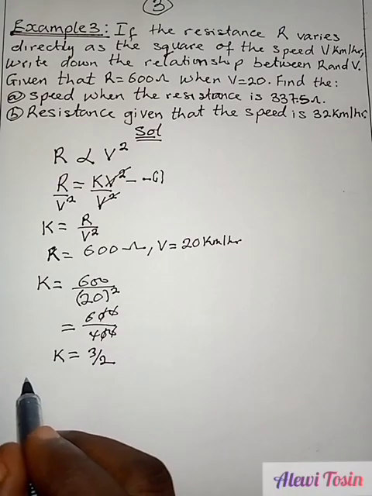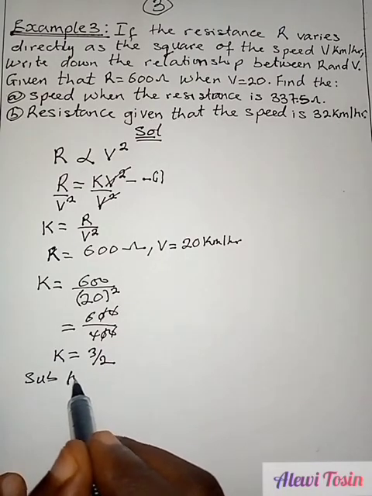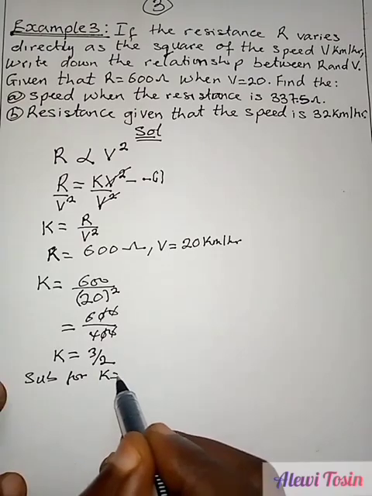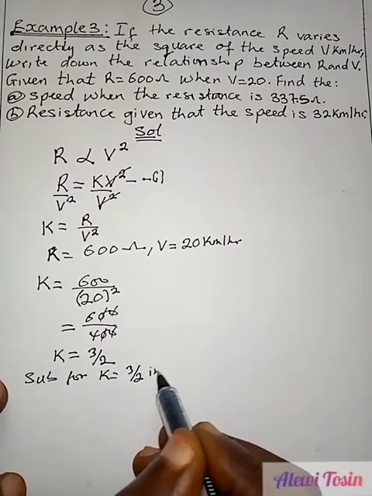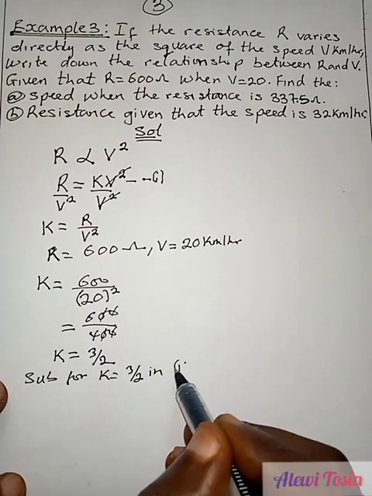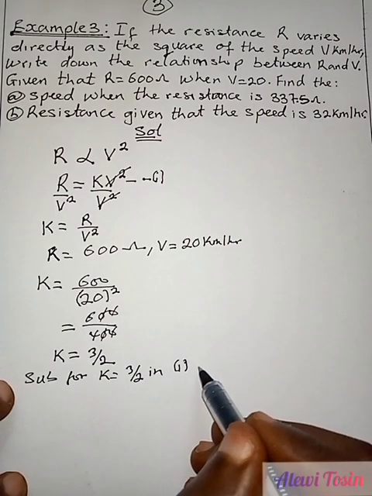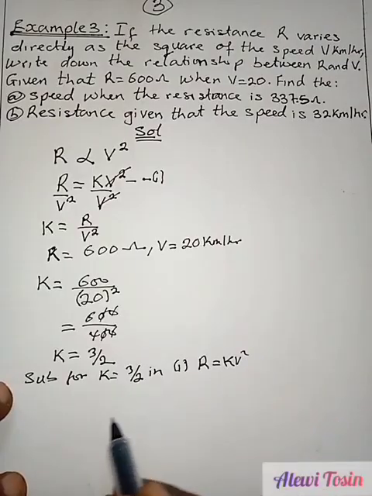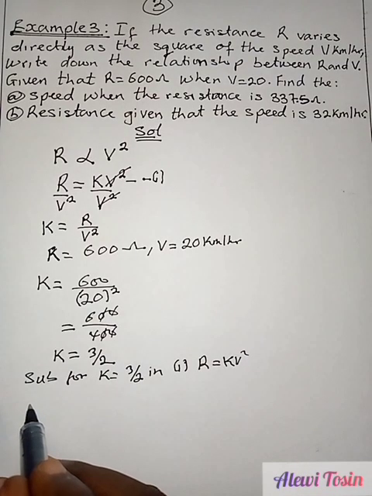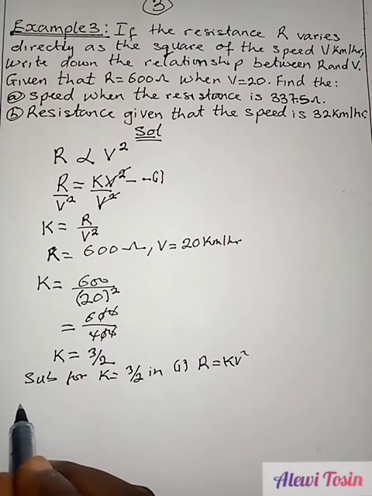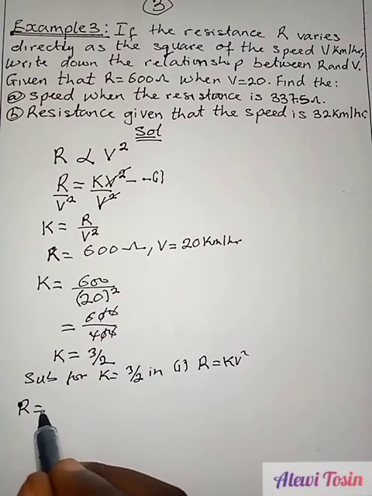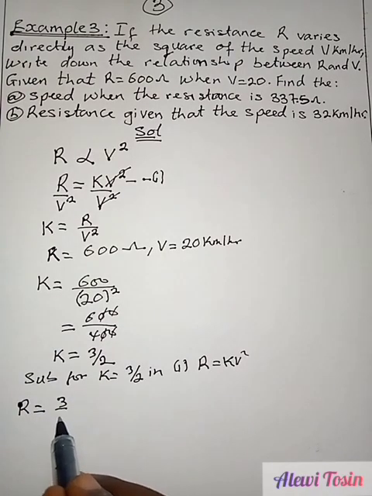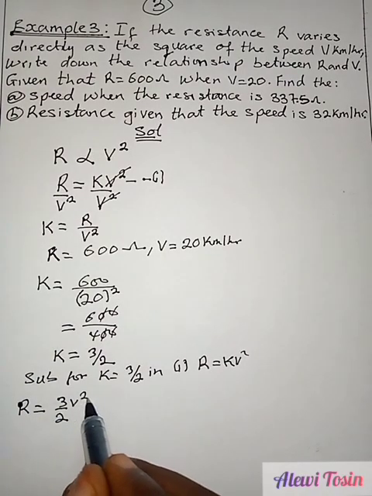So now, to sum up, for K equals 3 over 2 in the first equation, which is R equals K V squared, we can say that our R is equal to 3 over 2 V squared.